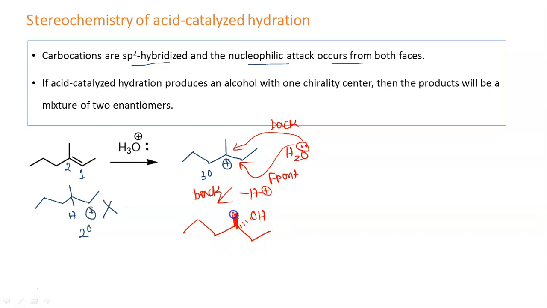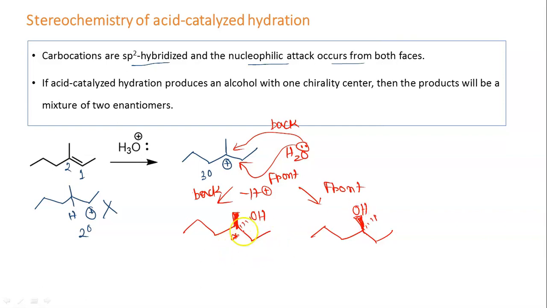Okay, so this is the chiral center generated, because all 4 groups are different. And if it is a front attack, now methyl is below the plane and OH is above the plane.